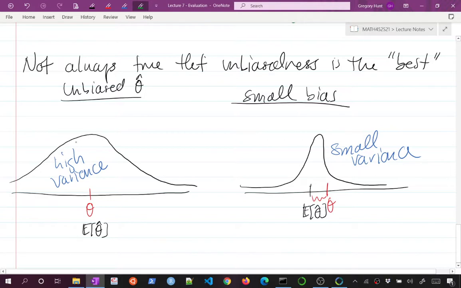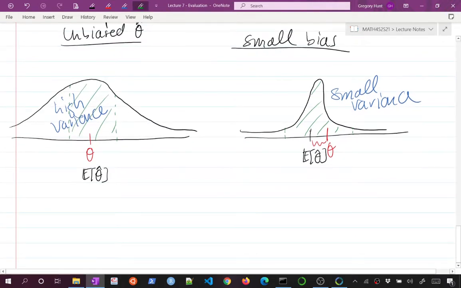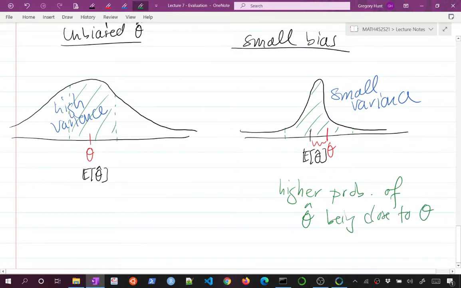If I look at some interval of the same distance, and I look at the probability that theta hat is near theta, the one on the right has a higher probability of theta hat being close to theta, and the one on the left has a lower probability, because it has such a high variance.